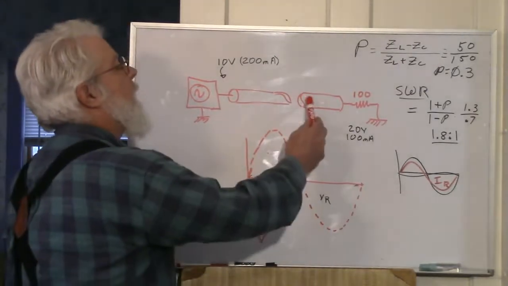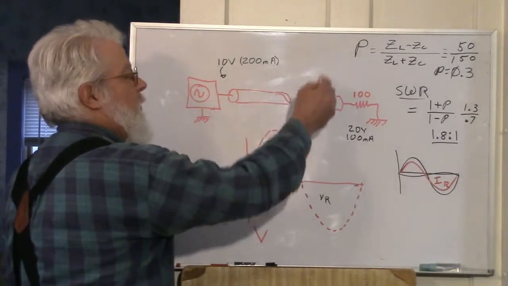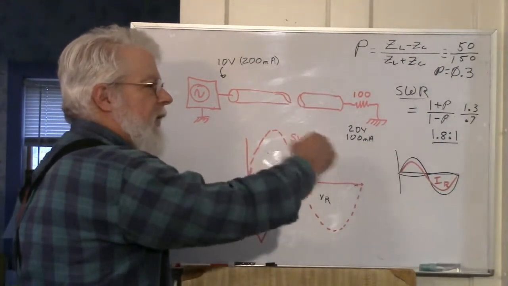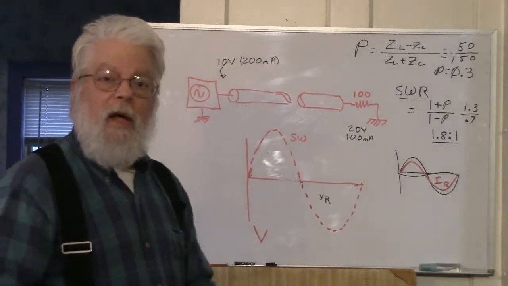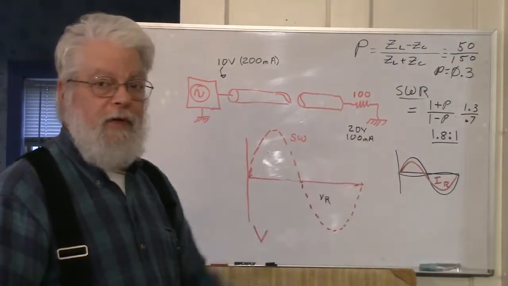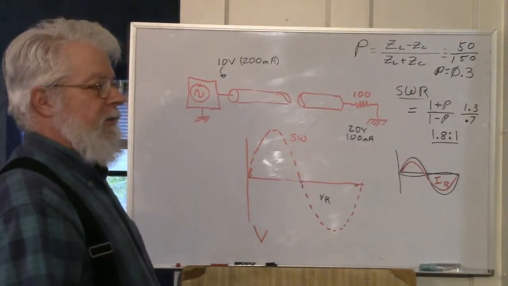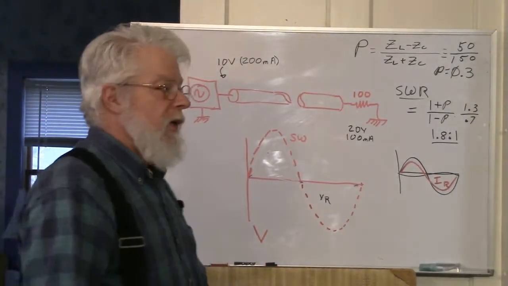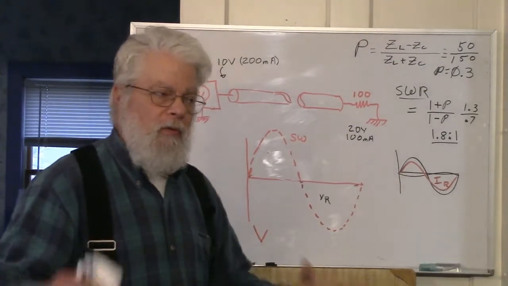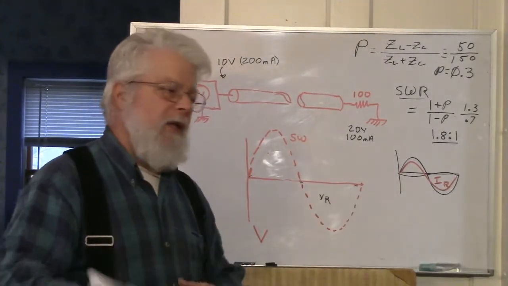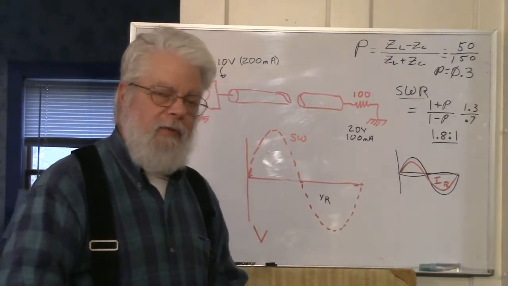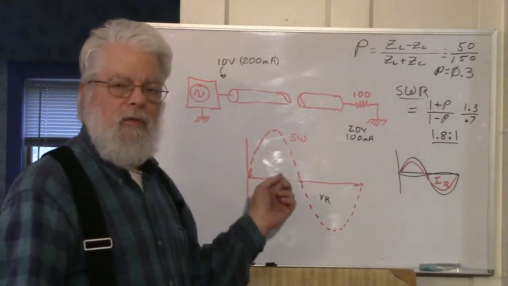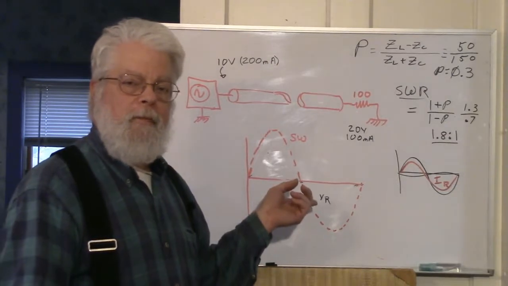If I had a tuning stub off of here, or a T going off feeding a delay line for another antenna, say on a phased array, and that antenna had a problem and was contributing some reflected signal, all of the sum total of all the signals floating around, reflected, generated, what have you, all comprise one voltage and current.